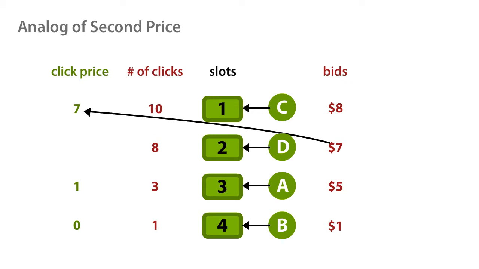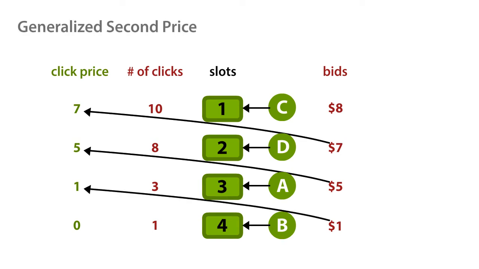And similarly, advertiser D, who bid 7, in order to keep his slot, has to bid something above 5, the next highest bid. So we're going to charge him the next highest bid, which is 5, for every click he gets. This method is called the generalized second price, and it's widely used in selling search ads.